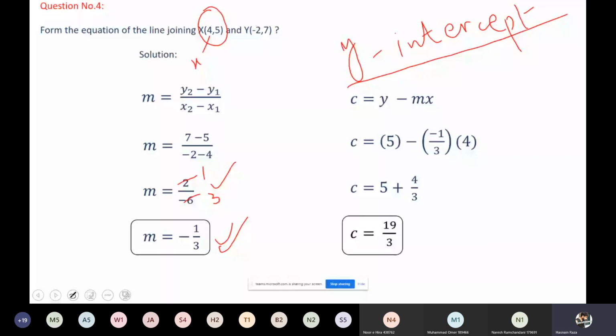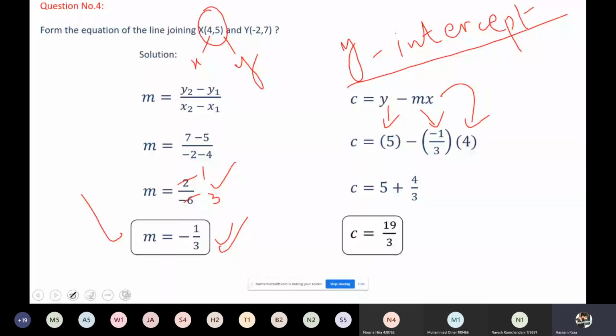So look, in the place of y I have written 5 minus, as it is, m, which is replaced by your answer, minus 1 upon 3, and 4 is replaced in the place of x. Minus minus comes plus. 1 times 4, 4 upon 3. 5 plus 4 upon 3.